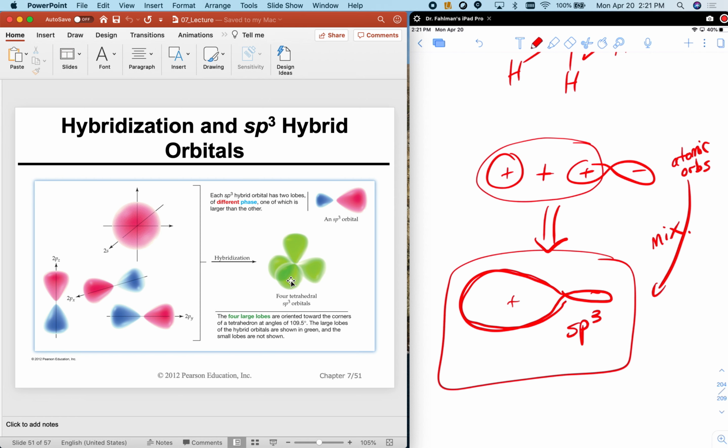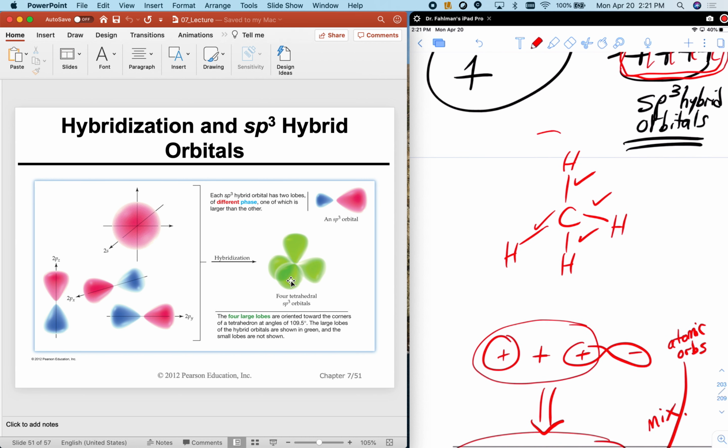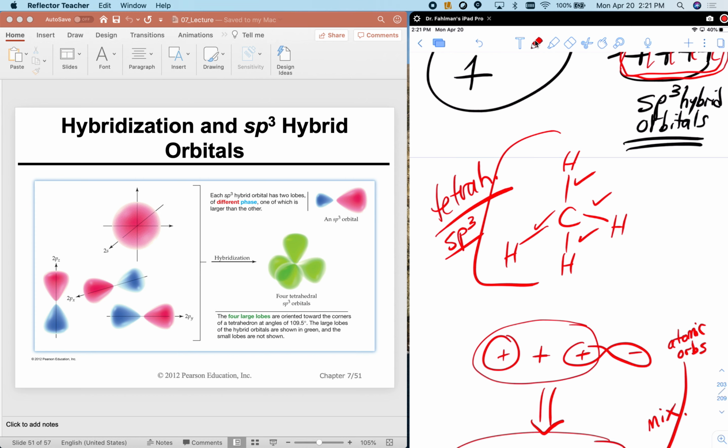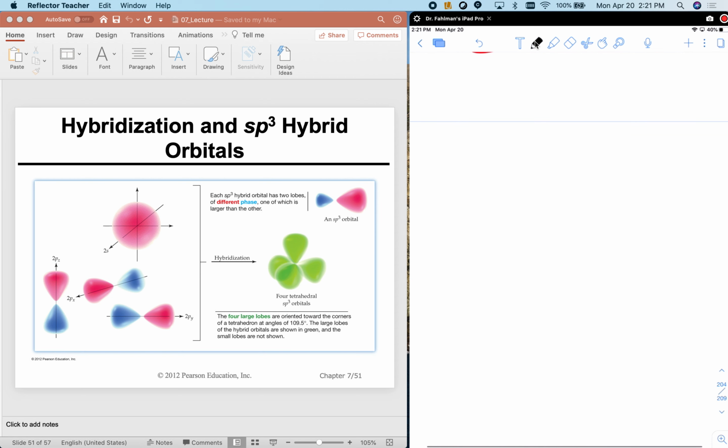And we know that CH4, this molecule, is tetrahedral. So whenever you have something that is sp3 hybridized, that means it is tetrahedral in shape. So that's the first type.